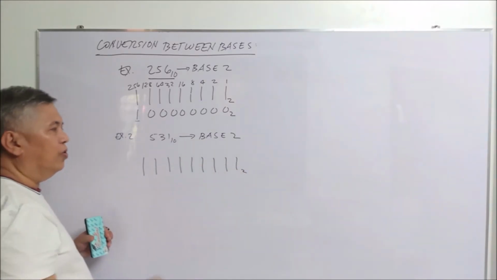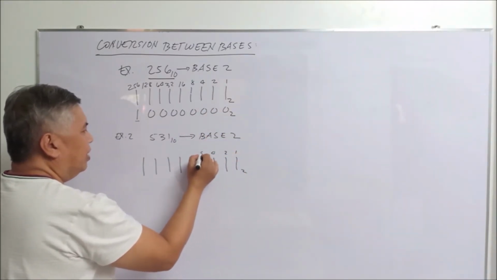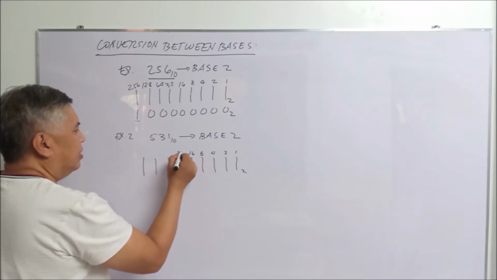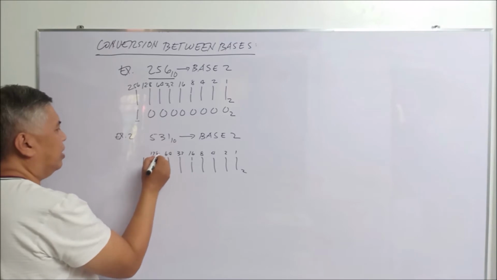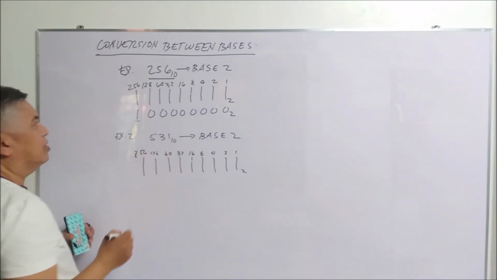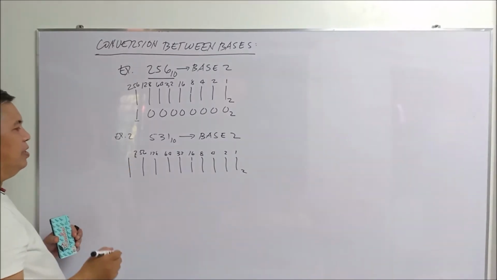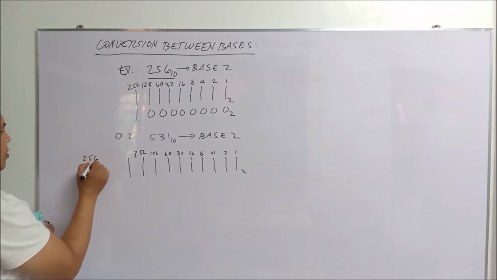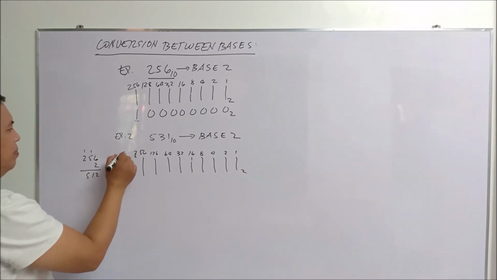This is base 2. So again, this is 1, 2, 4, 8, 16, 32, 64, times 2, 128, times 2, 256, times 2, so you have 512.